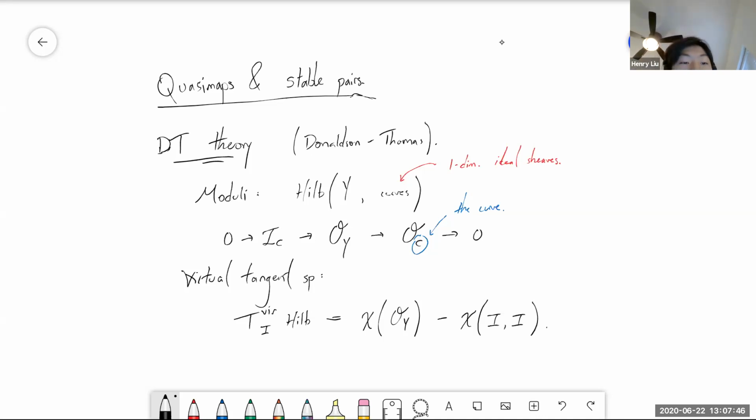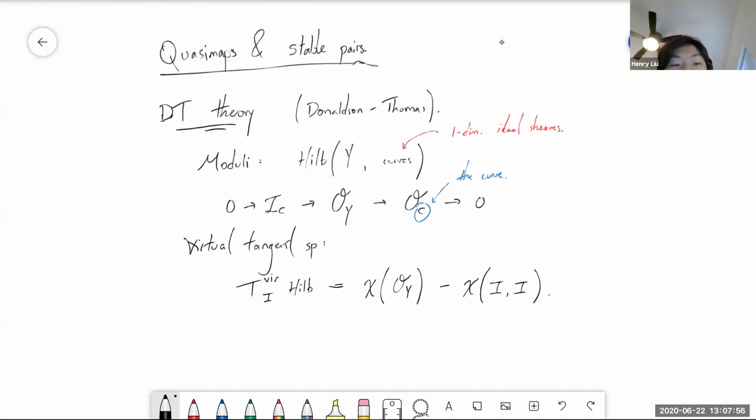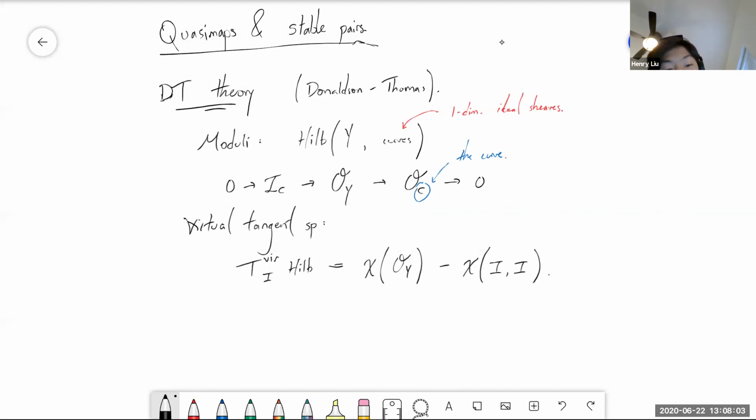Okay. And so once I tell you these two pieces of information, you can essentially go ahead and write down a whole generating function of curves in this particular curve counting theory. And your generating function will be some kind of generating function of curve invariants.